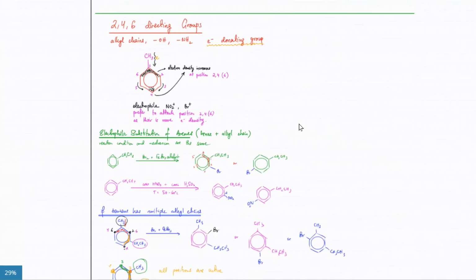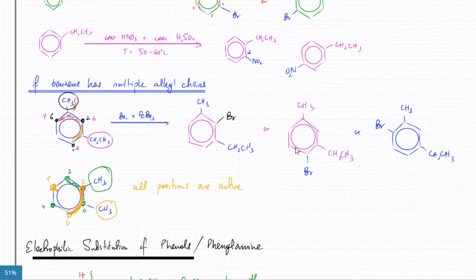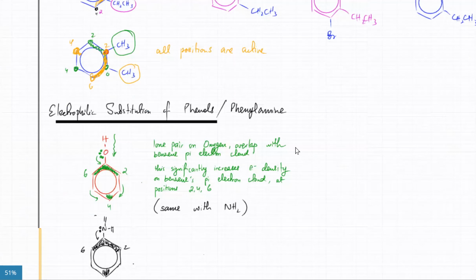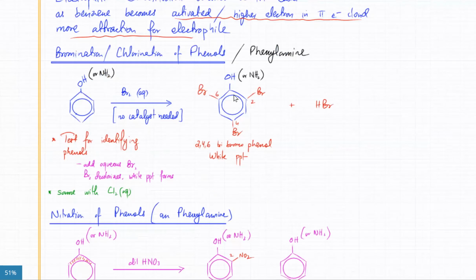Electrophilic substitution of arenes is 2,4,6 directing, which means the bromine or the Cl will either get attached to position number 2 or to position number 4. It's only in phenols, if you do phenols, that the reaction is a lot more vigorous. So you don't need a catalyst. No catalyst is required in that case.